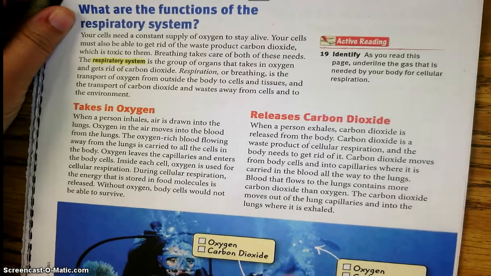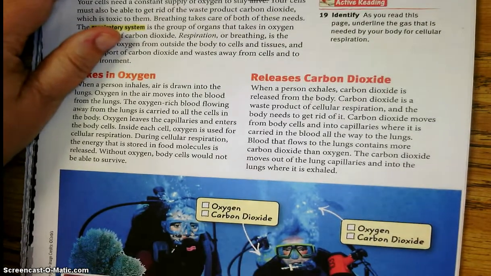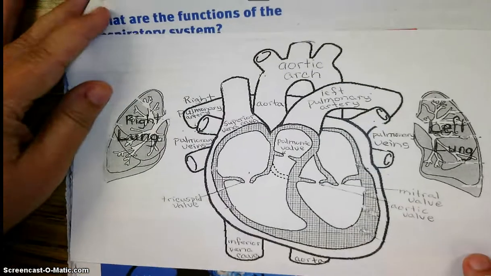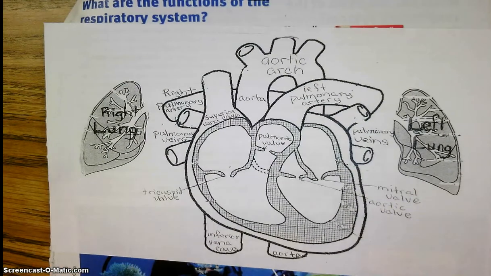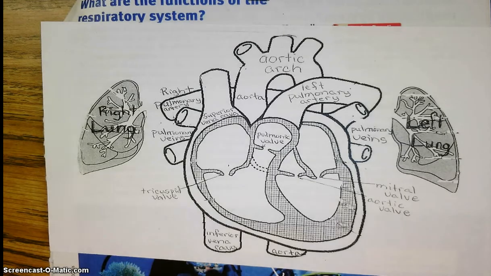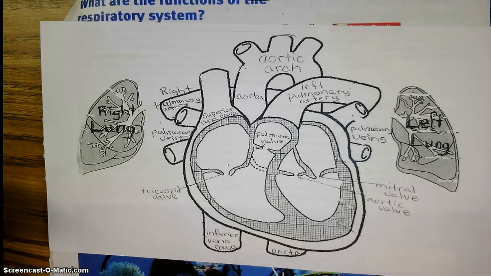Respiratory system. Before we talk about that, we are going to do the diagram of the heart. And so here we have a picture of the heart. I've labeled all of the blood vessels for you, but we're going to label the actual heart. Now, realize that when we say right and left on a picture like this, an anatomy picture, it's the patient or the person's right or left.